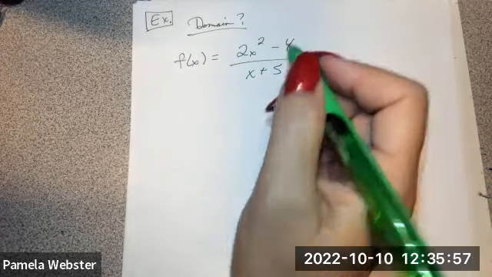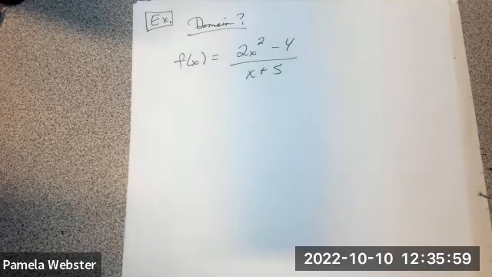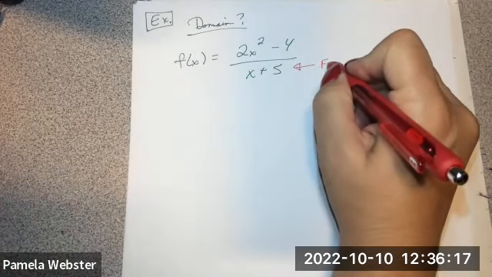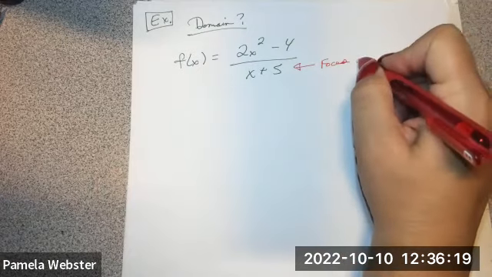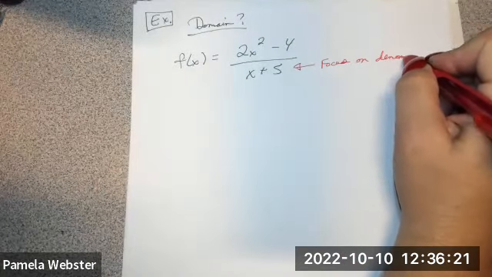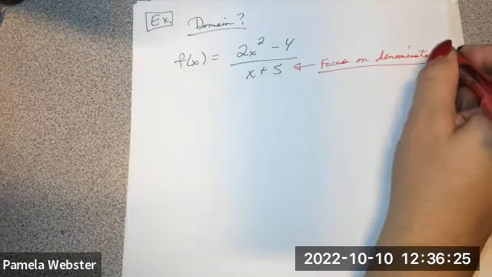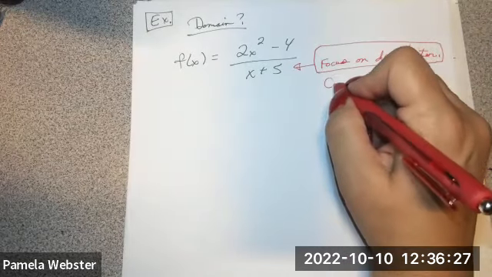So the notes might say something like find the domain. Whenever I look at this, I say, okay, do I care about the top at all for domain issues? And the answer is no. We want to focus on the denominator. The reason why is because we remember we can't divide by 0, right?